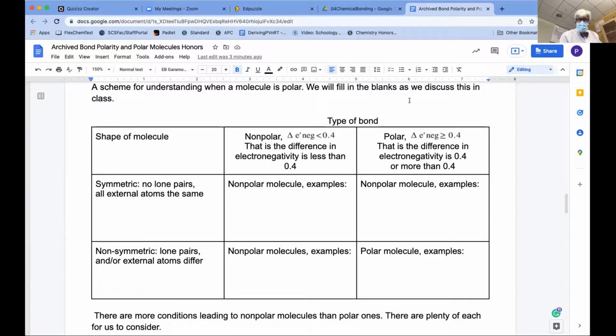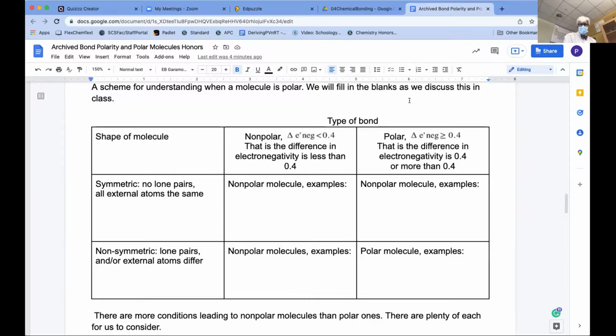Okay. Now let's look at a column then. What defines a nonpolar bond? Yeah, a small difference in electronegativity. Are there any polar molecules lacking polar bonds? Are there any polar molecules made up of nonpolar bonds? Look carefully at the diagram.